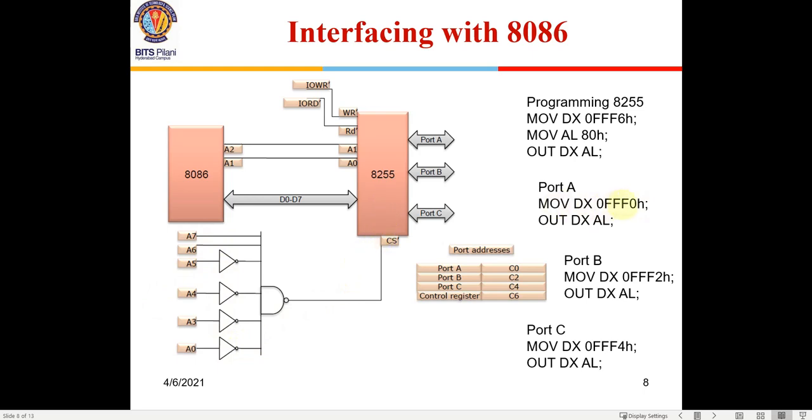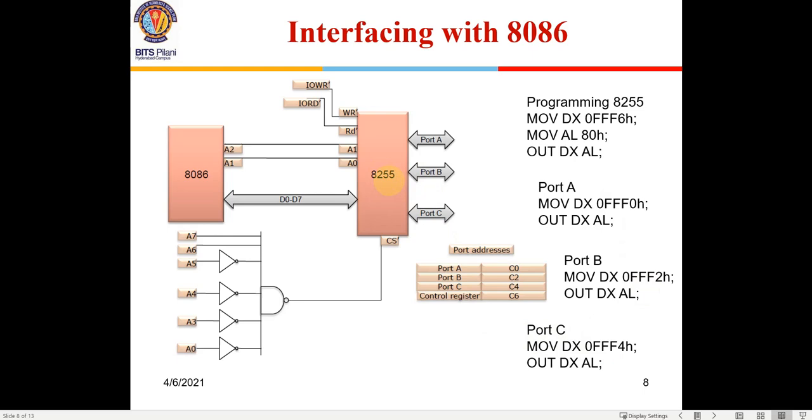Suppose I want to connect this 8255 at 00000, then all these will be 000, and then you will accordingly select this chip. So when it is 000, this chip has to get selected. So we have to decide at what address location we want to plug in this 8255.